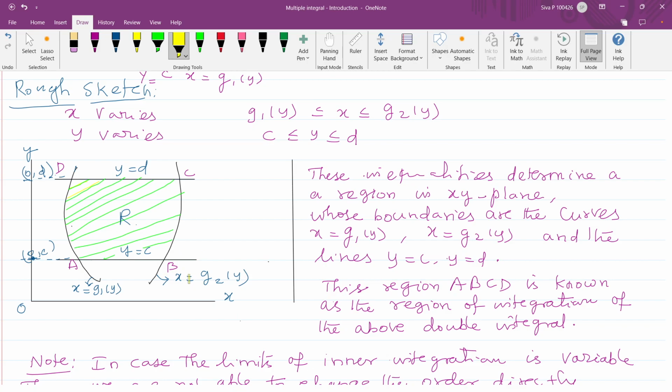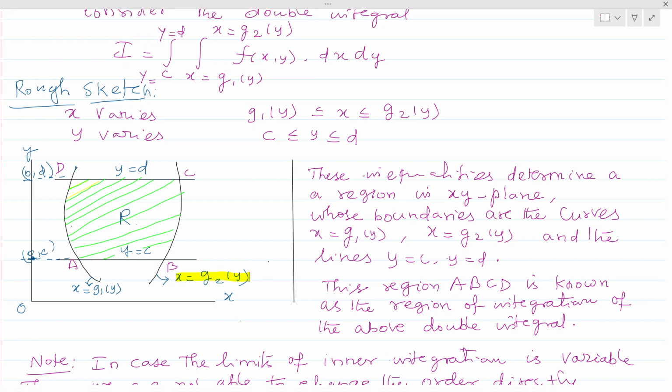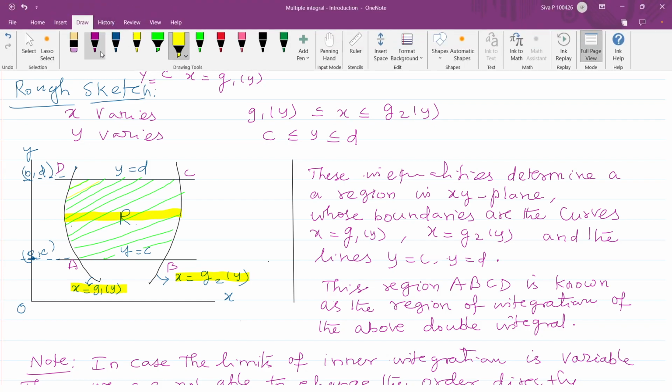These are the limits of x. What is the first step? You have to draw a line parallel to the inner integration axis. What is the inner integration axis here? x is the inner integration axis. So draw a line parallel to the x axis.